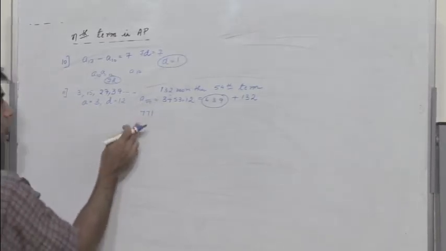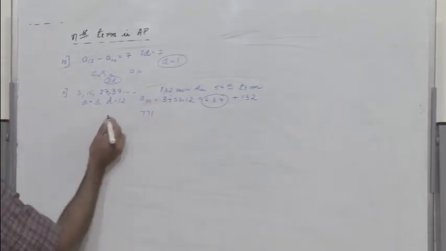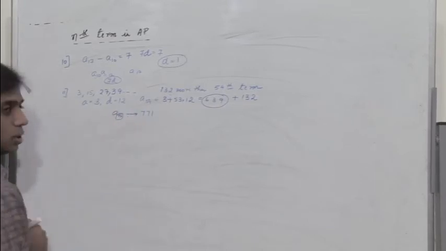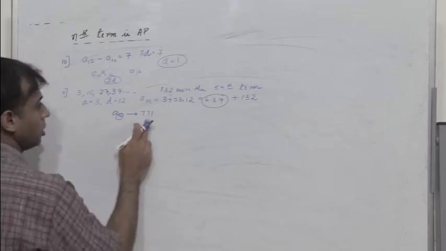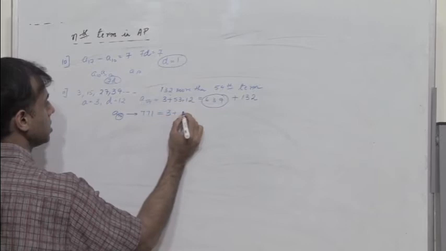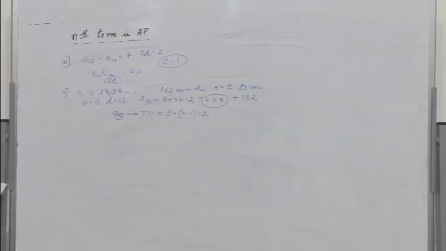Now I would like to know the value of n. What is An? An is 771. So we have 771 equals A, which is 3, plus (n minus 1) into D, which is 12.